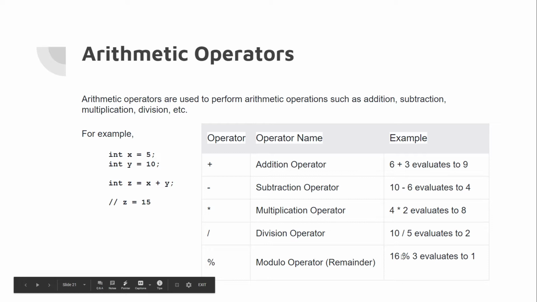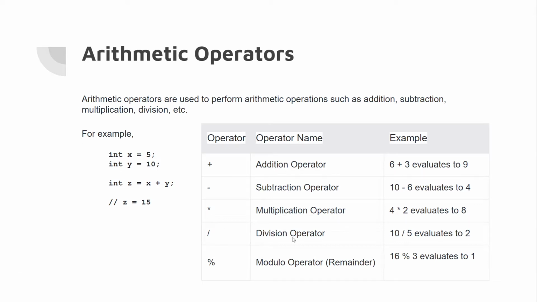So like, for example, 16 modulo 3, the remainder of 16 divided by 3. So 16 divided by 3 is going to give you 15 with a remainder of 1. Okay, since we're looking at integers here, right? And even integer division, 10 divided by 5 equals 2, and so on. All right, so I'll leave that there.